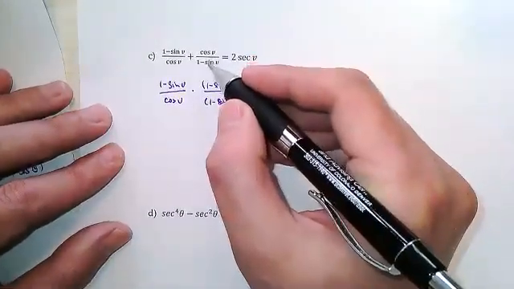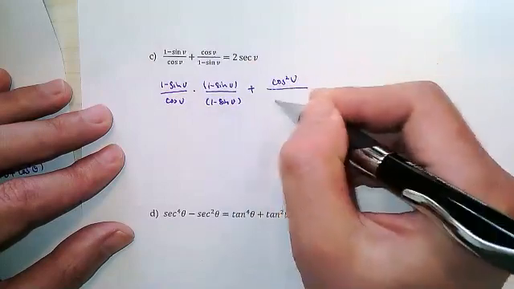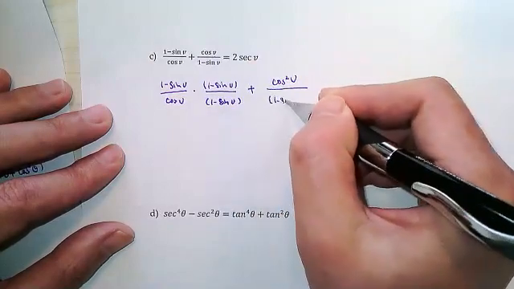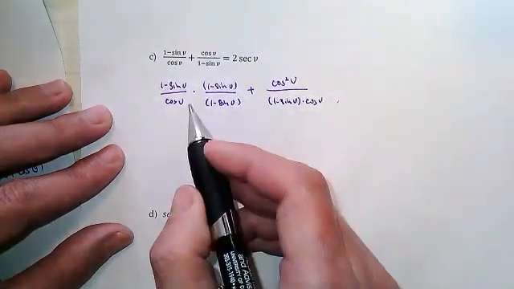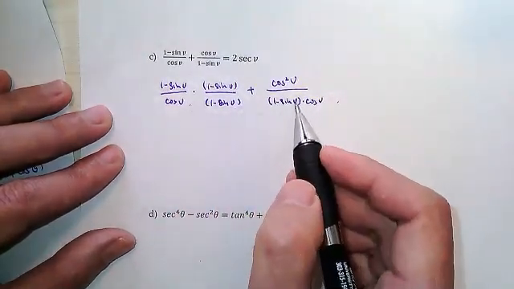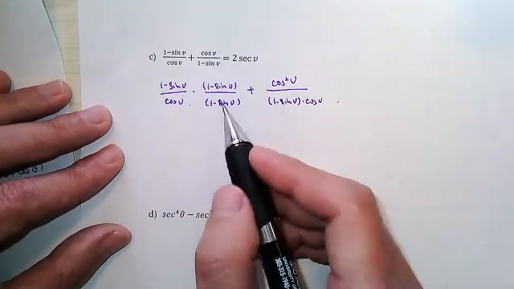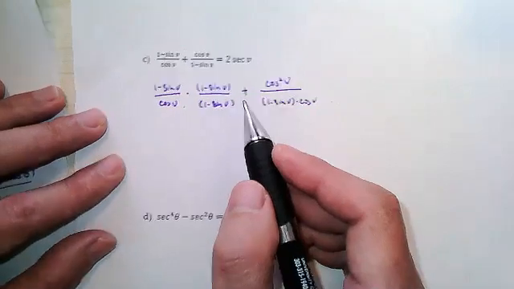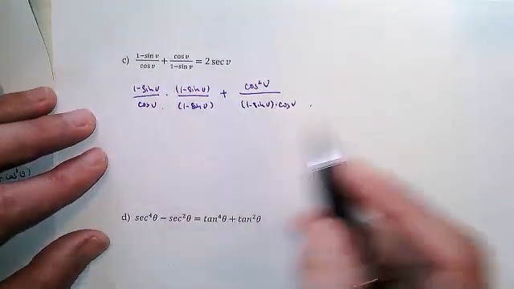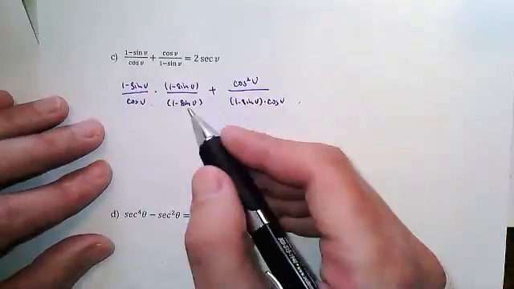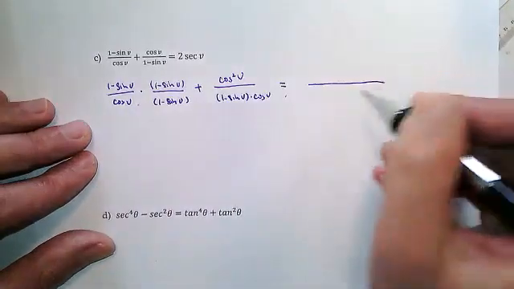This guy does not have cosine. So you see right now they are using the same denominator. Once they have the same denominator, then we can proceed to combine them.